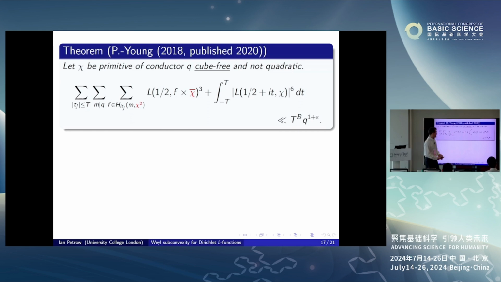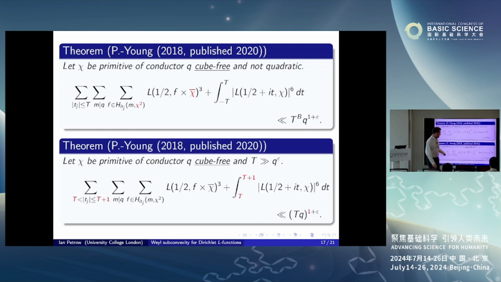And then there's a companion theorem, which is that if t has at least some size in terms of epsilon, then instead of looking at a big window, where the eigenvalues of the Maass forms, or the t in the Dirichlet L-functions, go between minus t and t, I look at a short window between t and t plus 1.